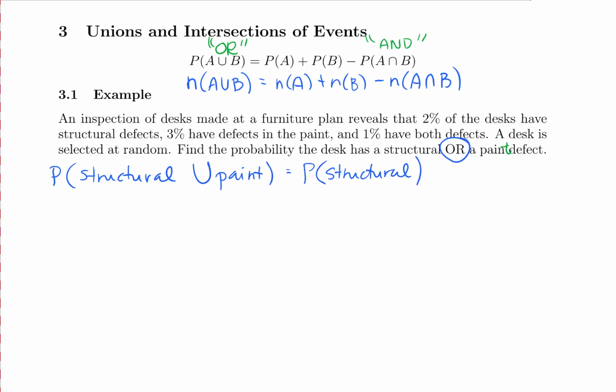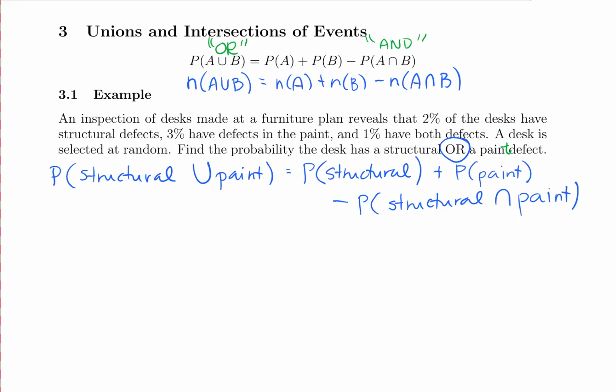That could include something that has both structural and the paint. Plus we need the probability of having a paint defect, and we're going to subtract the probability of having both structural and, let's go ahead and write it with the intersection, so structural and paint.